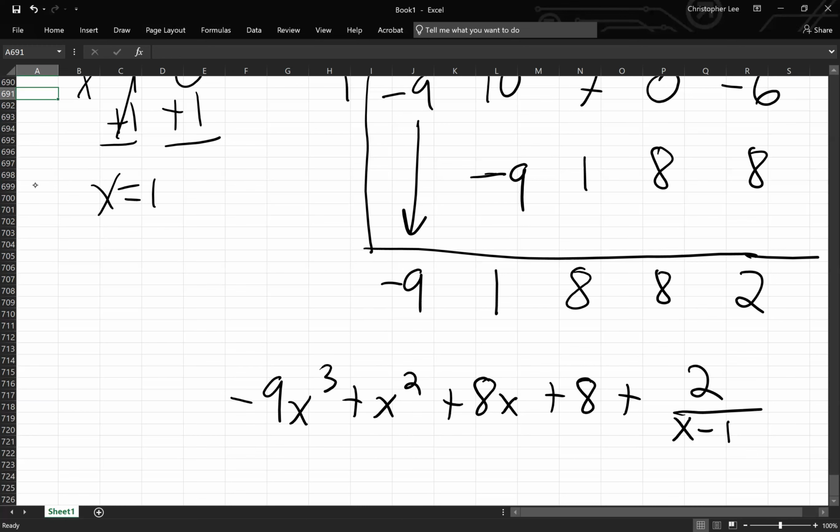And the coefficient, you start off with x minus 1 for synthetic division, yes. For long division, no.